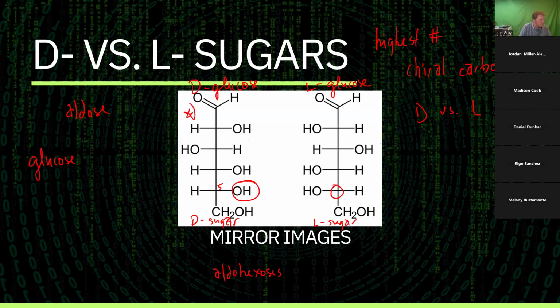What I want you to be able to do is identify the linear form of D-glucose. The way I think is an easy way to remember it is to think, where are my hydroxide groups? Do I care about carbon number 1 when it comes to identifying glucose? Not really. All I care about for carbon number 1 is looking at it and saying, aha, it's an aldose.